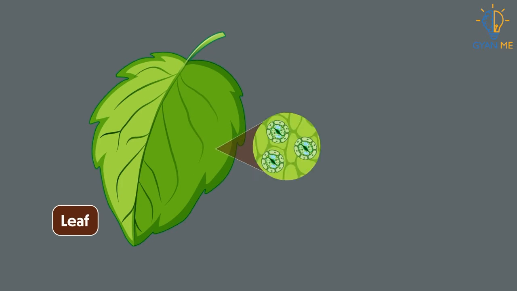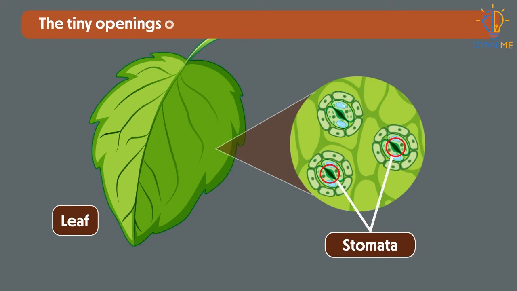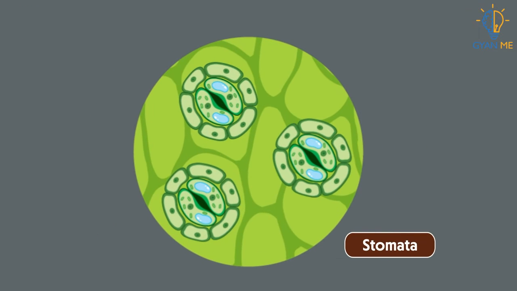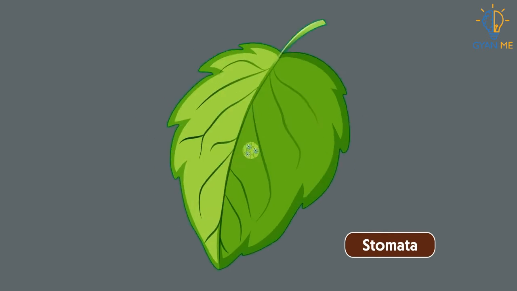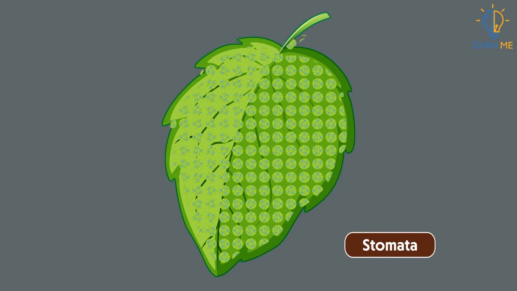The main sites for gaseous exchange in leaves are stomata. The tiny openings on the lower surfaces of the leaves are stomata. Through these stomata, oxygen diffuses inside the plant and carbon dioxide diffuses out in the air. The lower surface of the leaves is full of thousands of stomata.